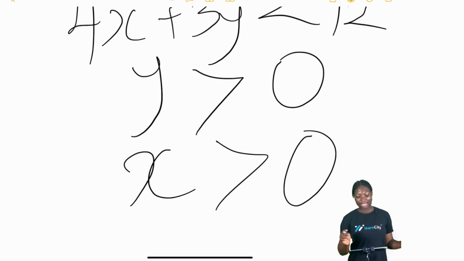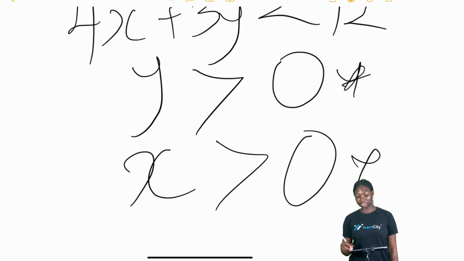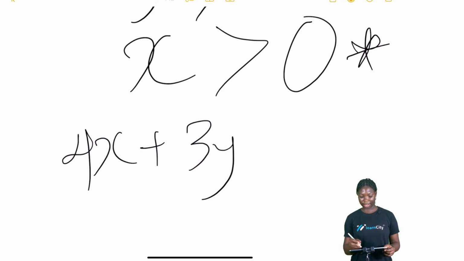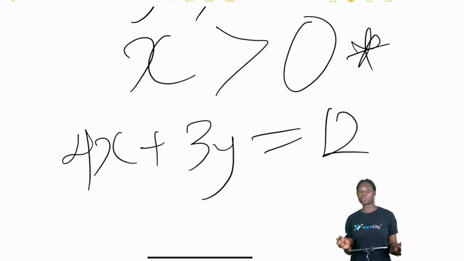Now it is important to know that these two equations here are stable. So we basically work on the first one, where we have 4x plus 3y equals 12.